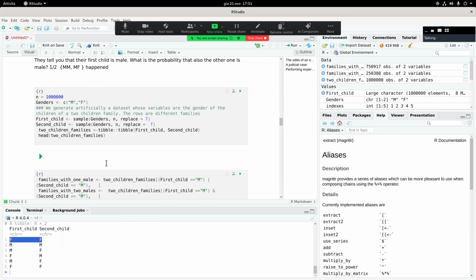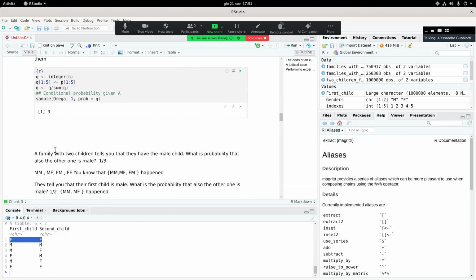Now I want to sample from the conditional distribution.